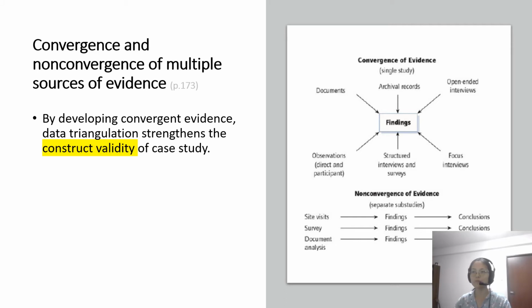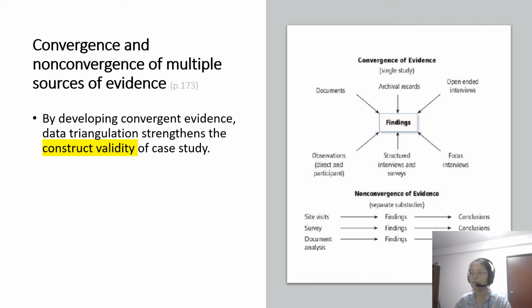By developing convergent evidence, data triangulation can strengthen the construct validity of a case study. As you can see from this graph, there are 2 types of evidence flow here. On the upper half of this graph, you see the convergence of evidence in one single study.